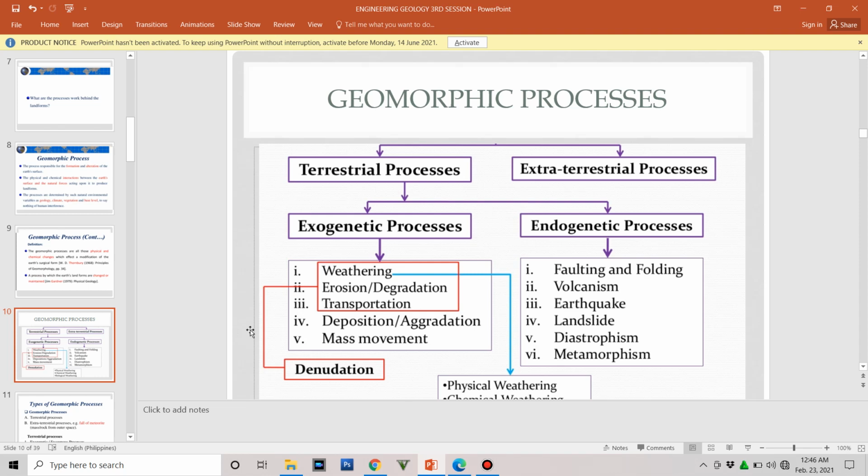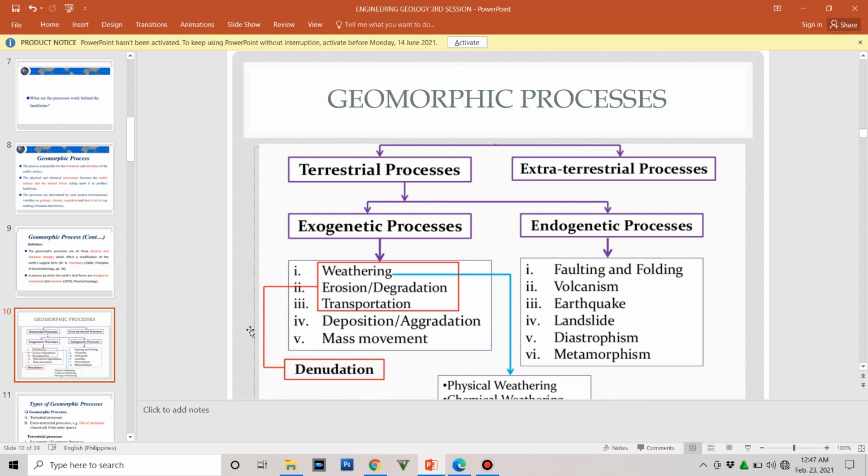Temperature variations, of course. There are cold climates in different locations, and there are extreme warm conditions or climate. So those temperature variations will affect the earth materials.